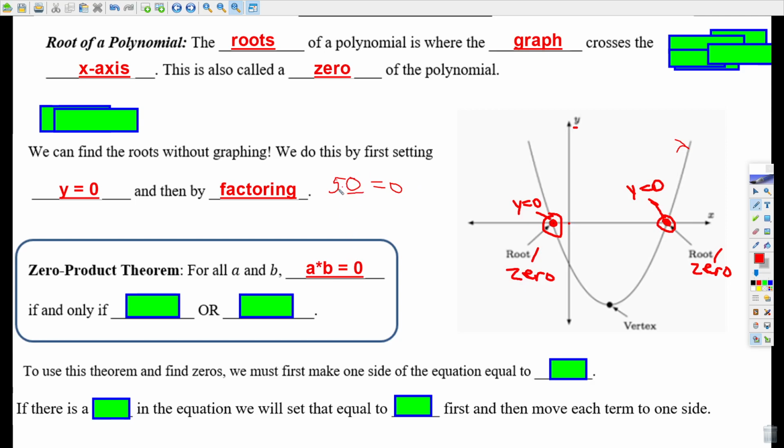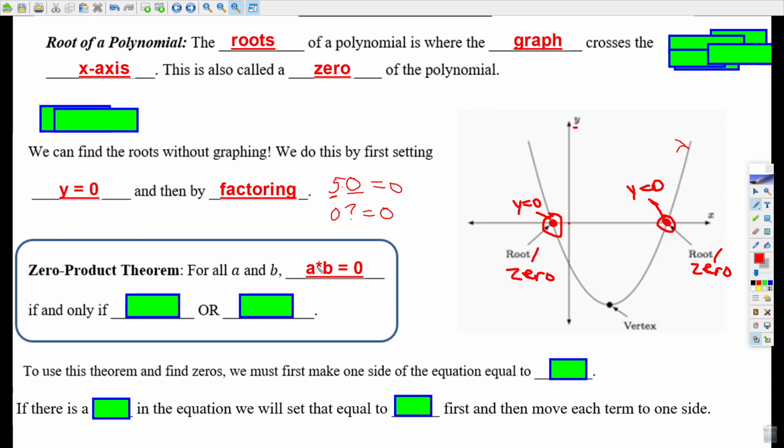The only way you can take a number and multiply it by another number and get 0 is only if one of these is 0, right? If I said 0 times any number, what's that give you? All the time it will be 0.